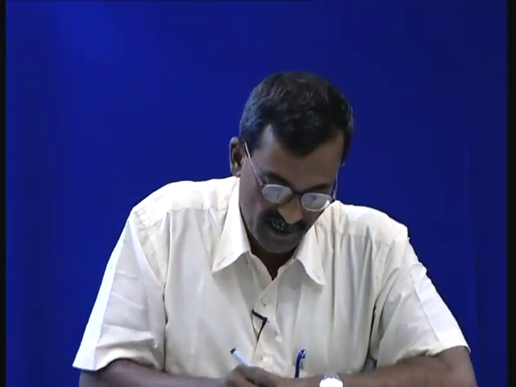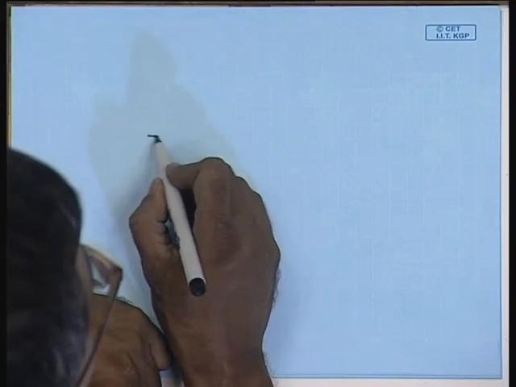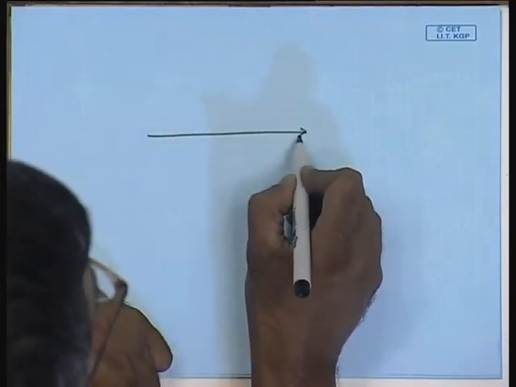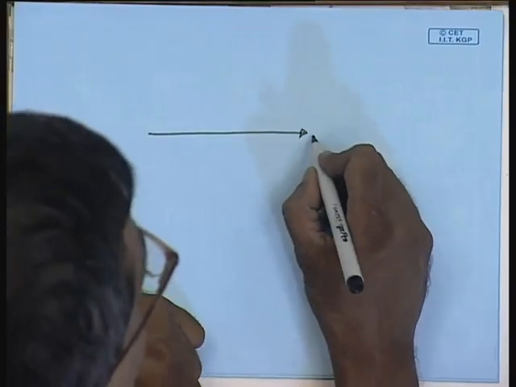Next, let us try to find out what will be the load voltage. For that, let us try to draw the phasor diagram. So, let us say this is the load voltage VL.